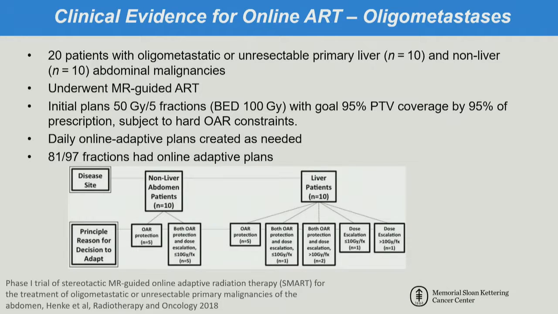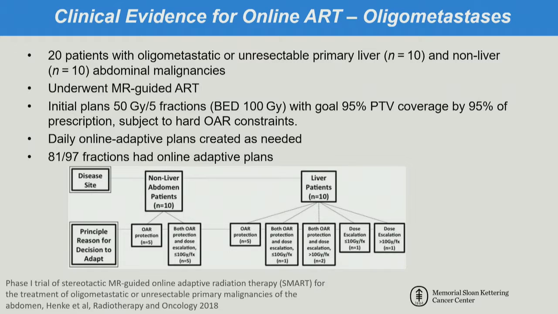Why adaptive? I think we're doing adaptive because we know it works. But online adaptive, I think we are starting to get publications about that. I'm just going to show here one that was used on oligometastasis of primary liver or non-liver abdominal malignancies.